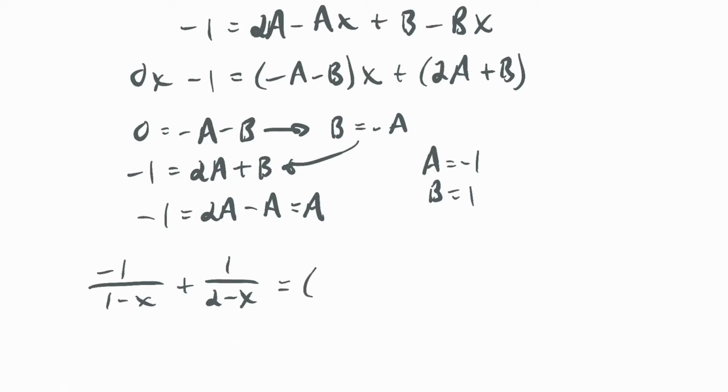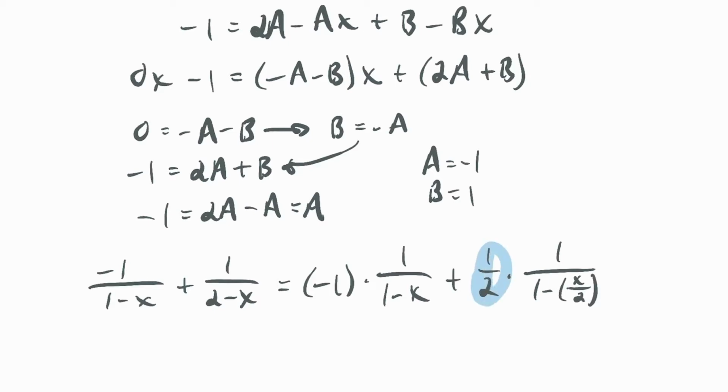So this is -1 times 1 over 1 minus x. So I have -1 times the geometric power series we already know about, plus 1/2 times 1 over 1 minus x over 2. So this is 1/2 times a composite of the power series that we already know.